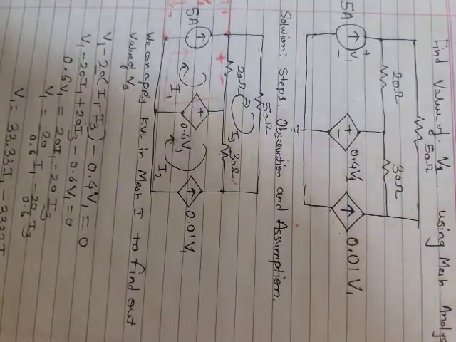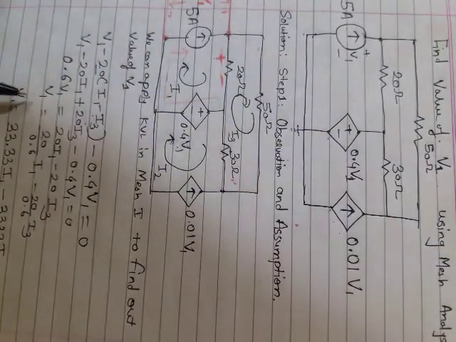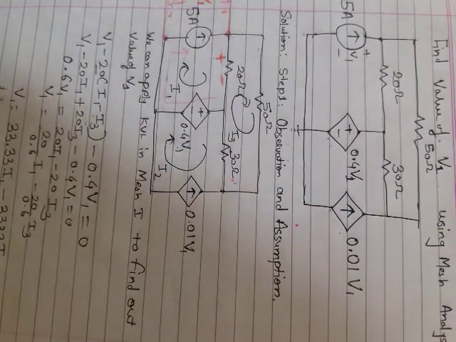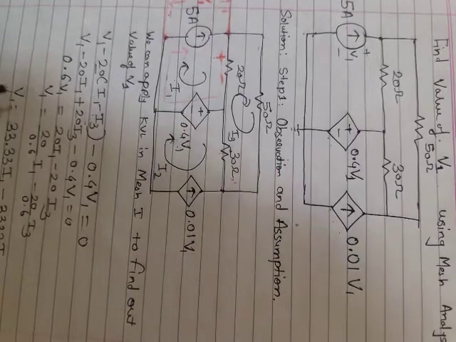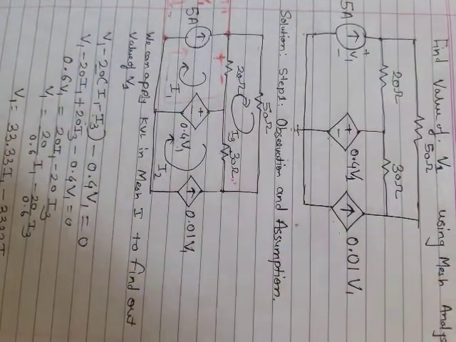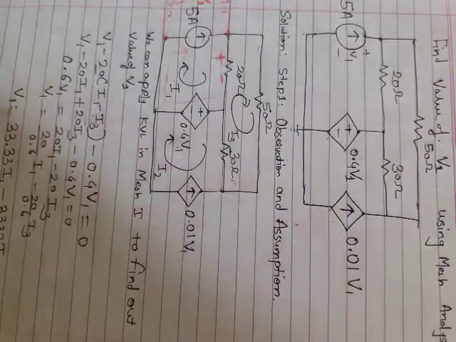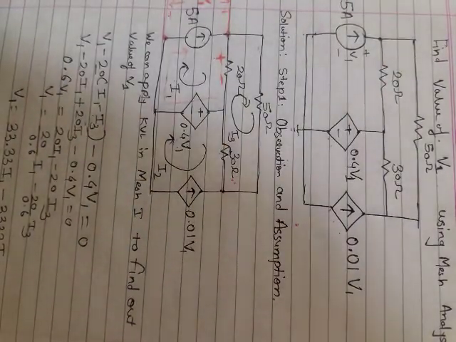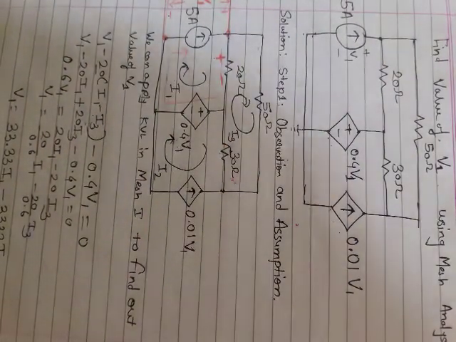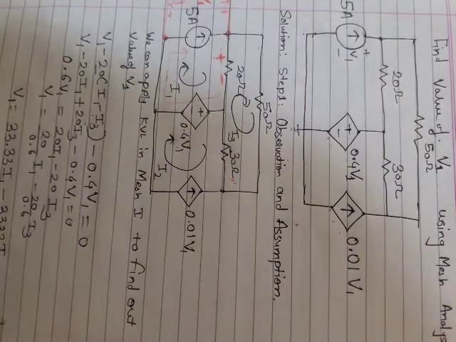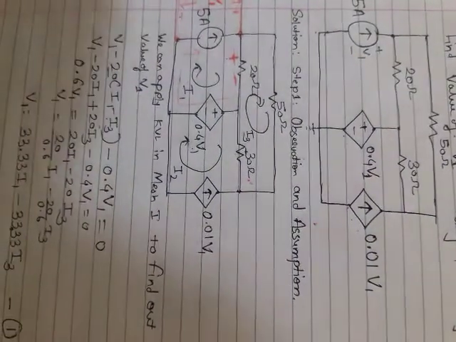This is very important to find out the value of this dependent variable, that is V1, because we have to use this value afterwards. Now give this equation number 1.